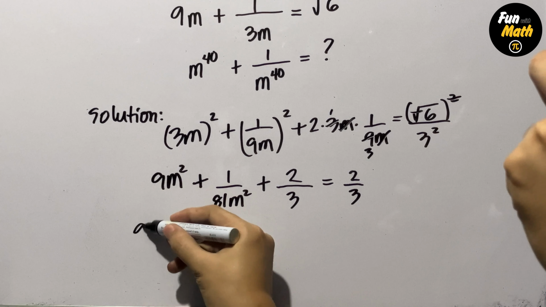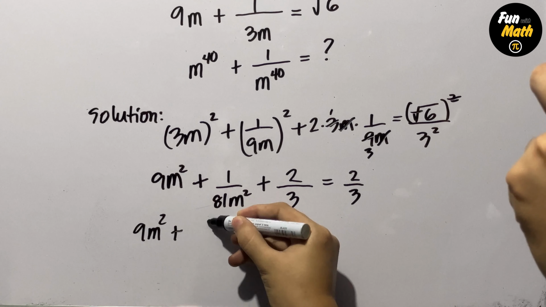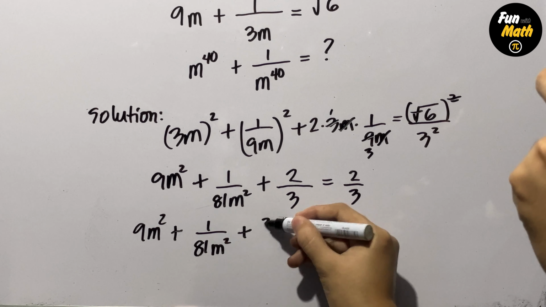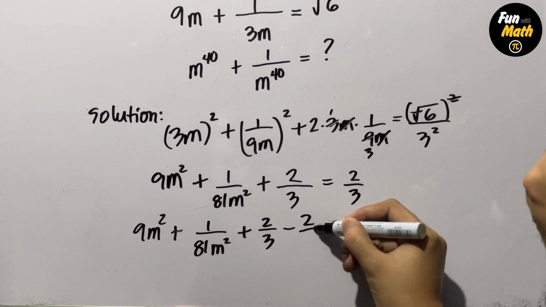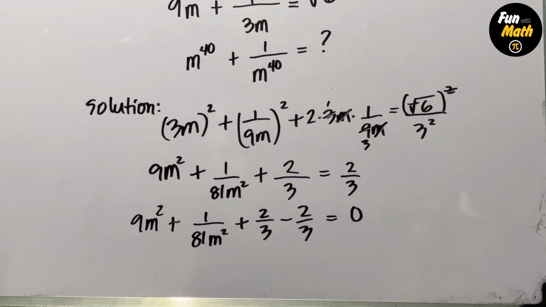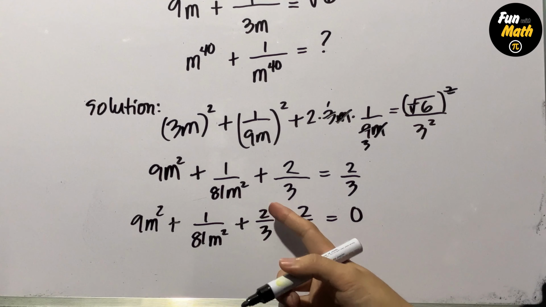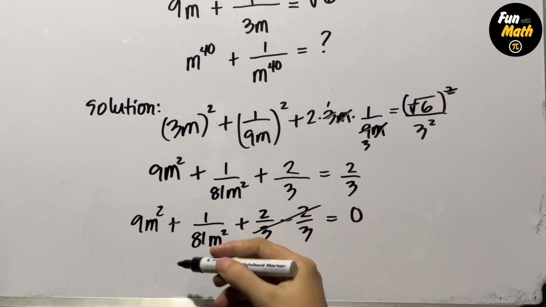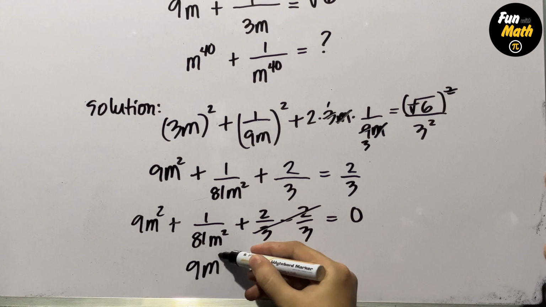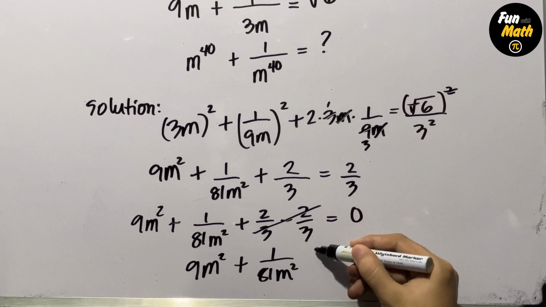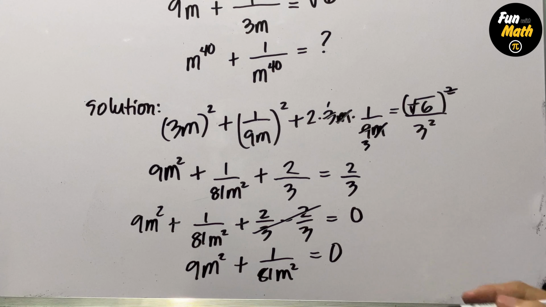So this is now 9m squared plus 1 over 81m squared plus 2 over 3 minus 2 over 3 is equal to 0. And 2 over 3 minus 2 over 3 is 0, so we're left with 9m squared plus 1 over 81m squared is equal to 0.